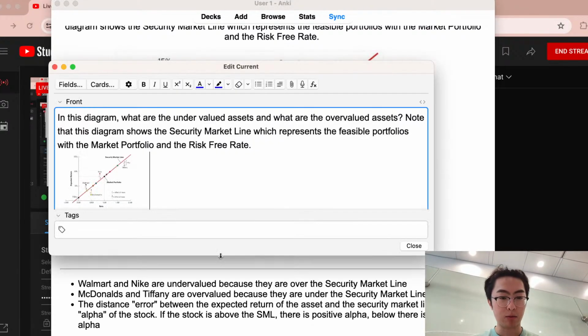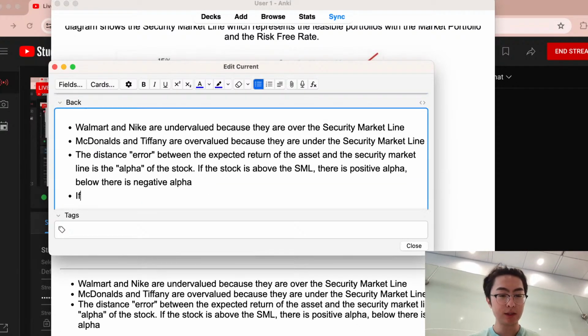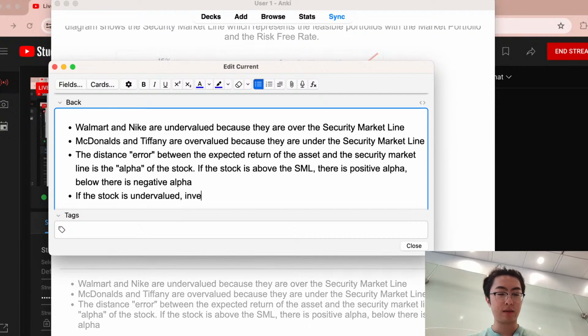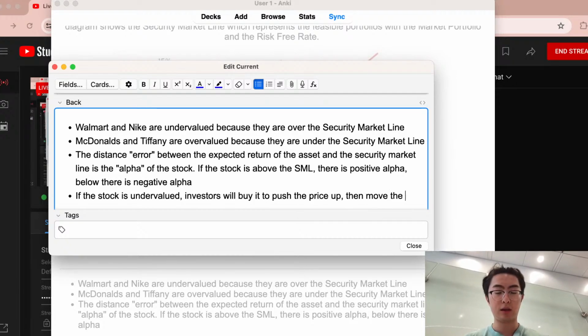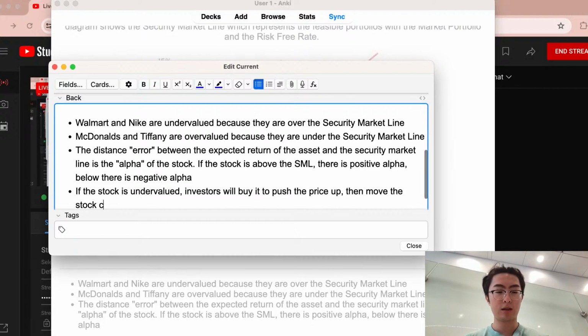Okay, I'm going to add one more. If the stock is undervalued, investors will buy it to push the price up, then move the stock closer to the security market line.